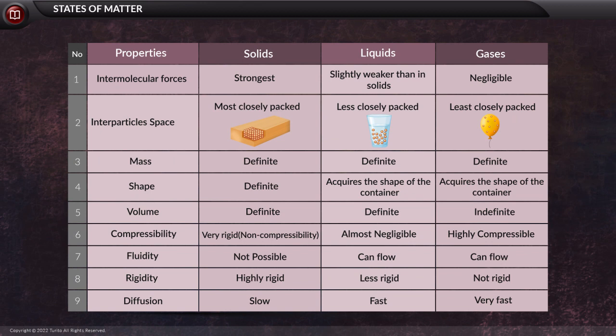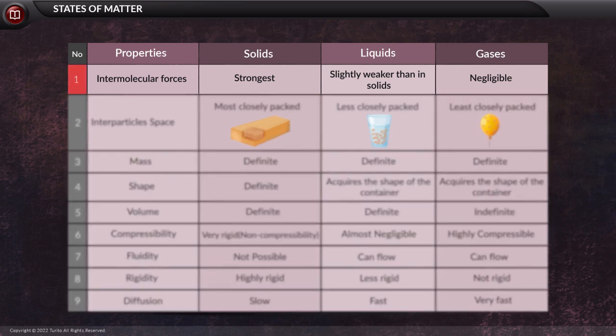As you can see, we are analyzing solid, liquid, and gas together. The first property we will discuss is intermolecular forces. Solids have very strong intermolecular forces. The intermolecular forces are comparatively lesser in liquids, while in gases, the intermolecular forces are very, very low.